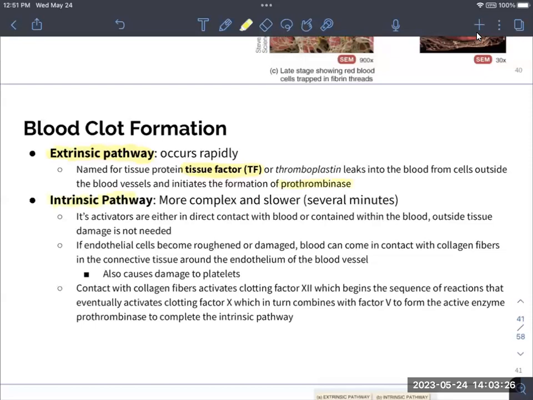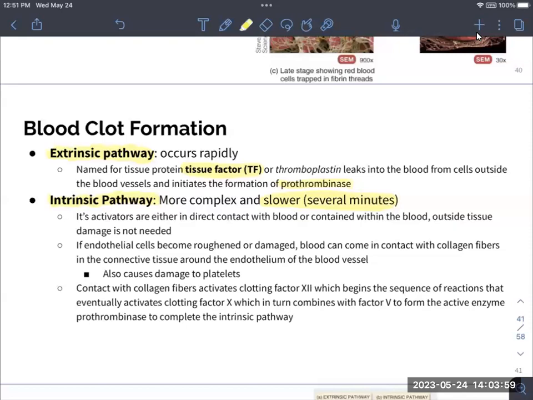The intrinsic pathway takes a lot longer because it's something intrinsic. It happens inside the blood vessel. Extrinsic, that tissue factor is extrinsic. It's outside that blood vessel that comes in. So in this intrinsic pathway, it's going to take time, because these activators have to come in contact with the blood.